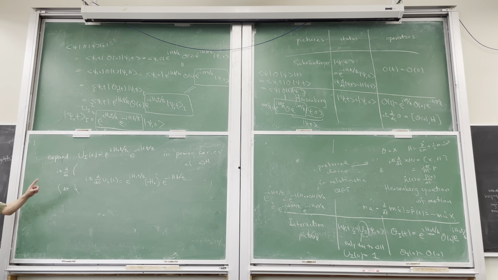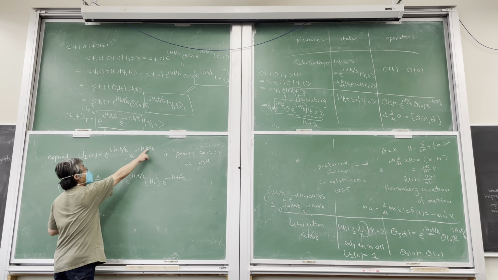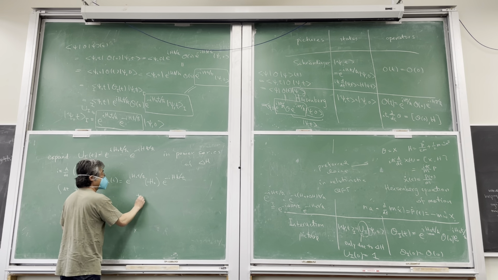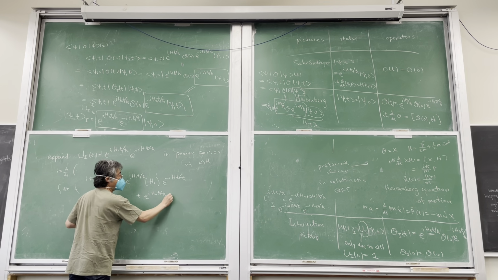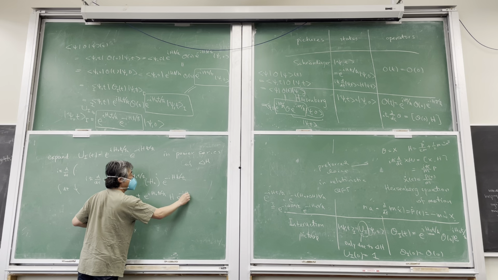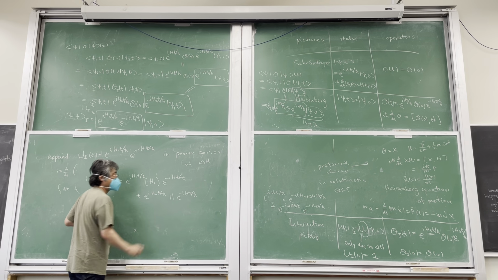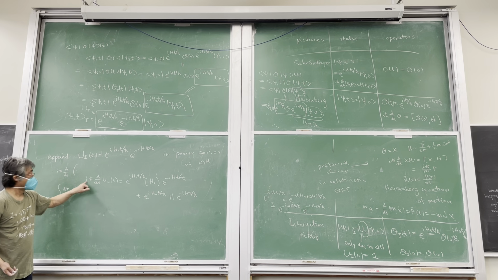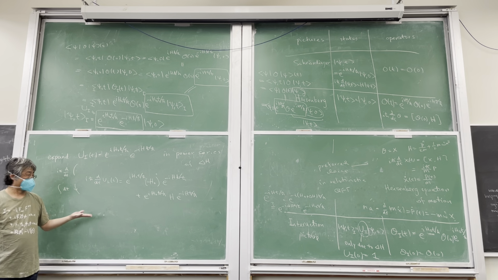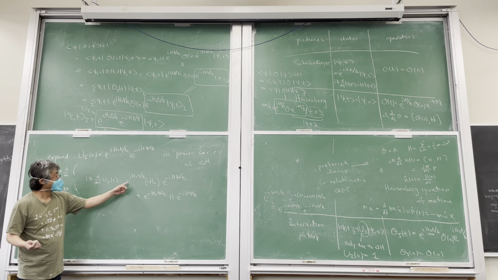So that's the first piece. When the time derivative is this one here, I pull out H from the exponent. This time there's no minus sign because here you have minus i, you have i, so they cancel to 1. So that's what you get.